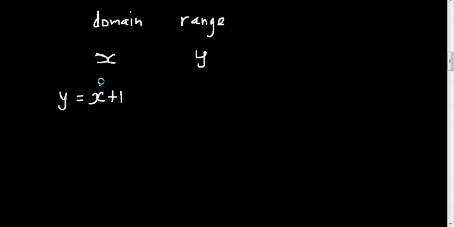Now if I want this function to take any value of x, how far could you go with x? Could you stop at 100? Do you want to stop at -100? Or do you want to go as far as you can? That's basically infinity, isn't it? Infinity to -infinity.